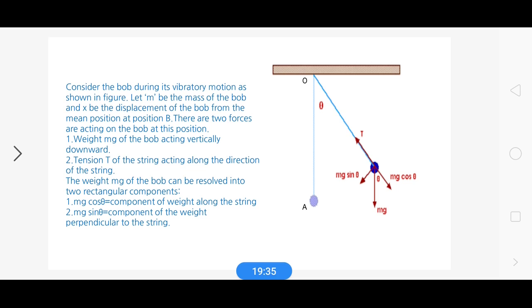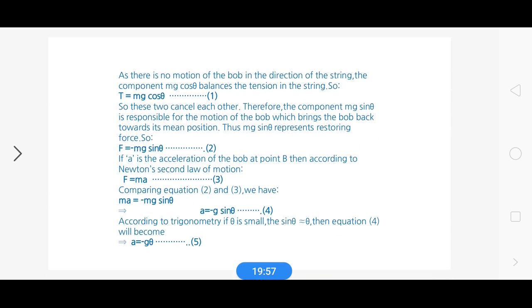There are two components. Observe the slide here. Weight of the bob is mg acting towards the downward direction at B point. mg cos theta is along the string and mg sin theta is perpendicular to the string.